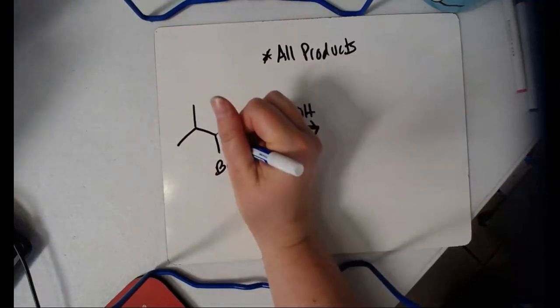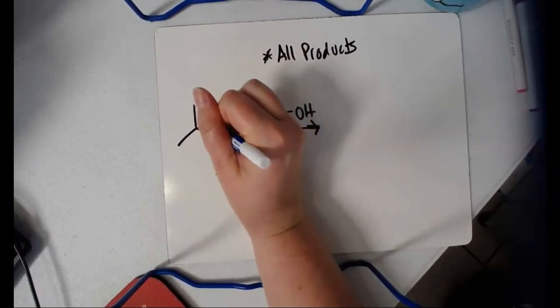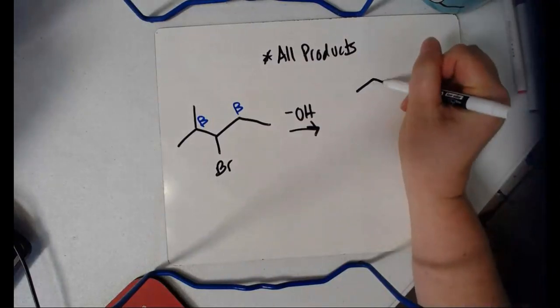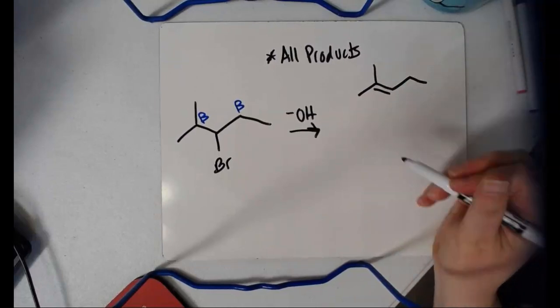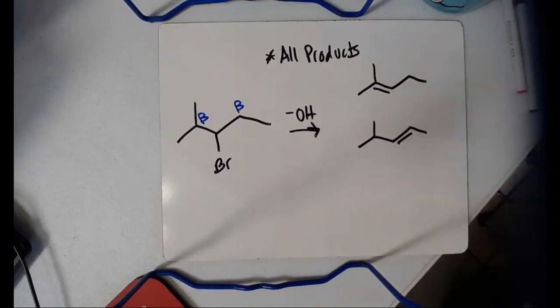So again, we have our alpha carbon. So we have a beta here, and we have a beta over here. So we can start by those two options as our products. And what I mean by that is we can draw a double bond going to that beta carbon, or we can draw a double bond going to that. When we say we want to see all the products, that also is referring to stereochemistry.